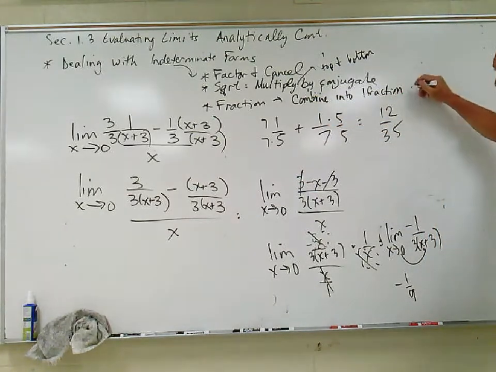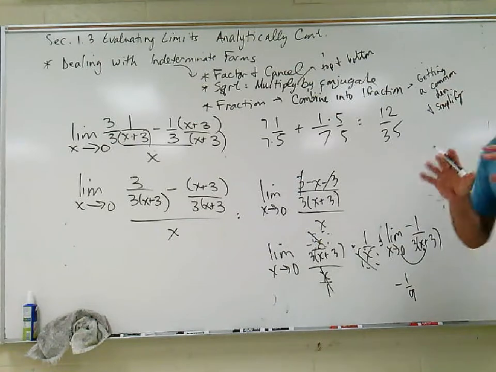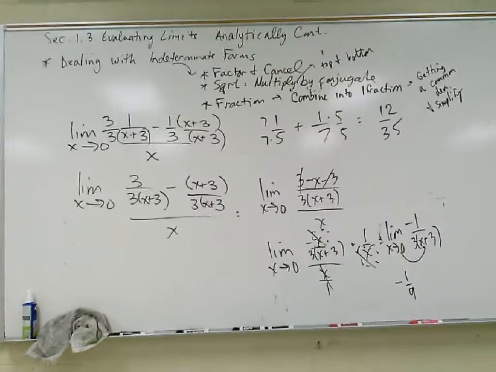Fractions, combine into one fraction by getting, what is it that we had to get? Common denominator. And simplify. So those are the three main types that you will get. Okay. All right, so I'm going to stop it right there.